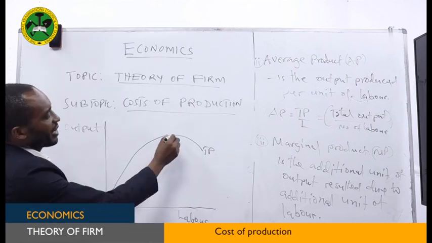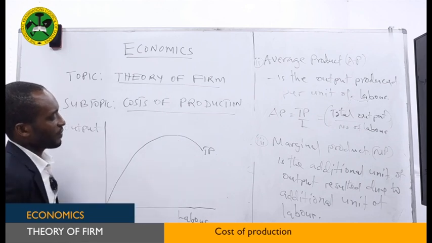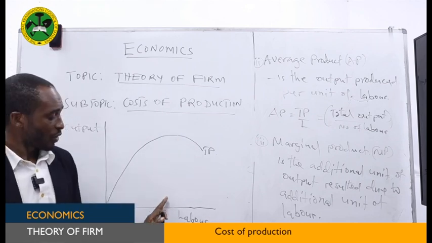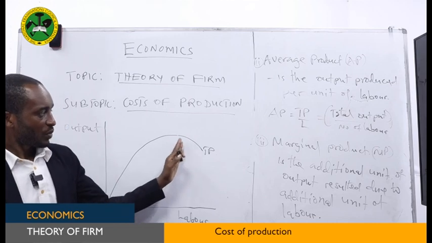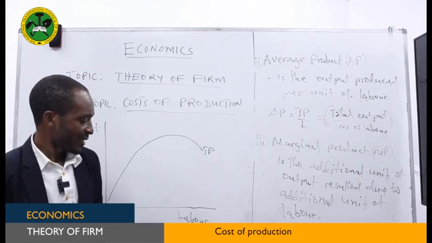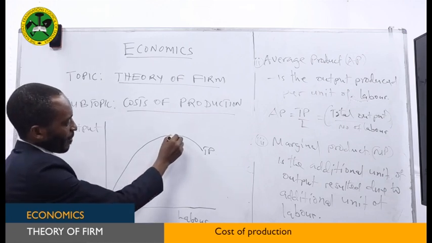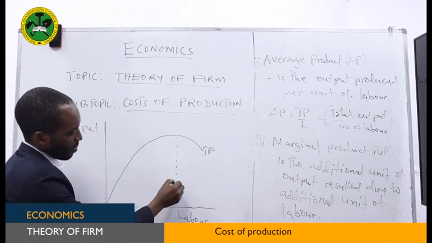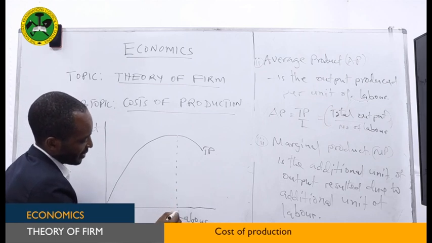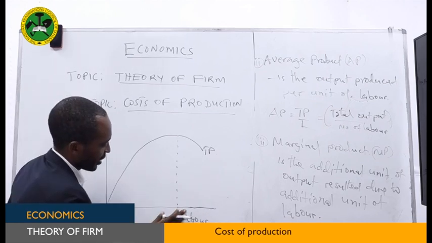So this is the maximum point of output. Then after that, if you employ more units of labor, the output will start to decline. So this we call a maximum point, when labor, let's say, is L1.